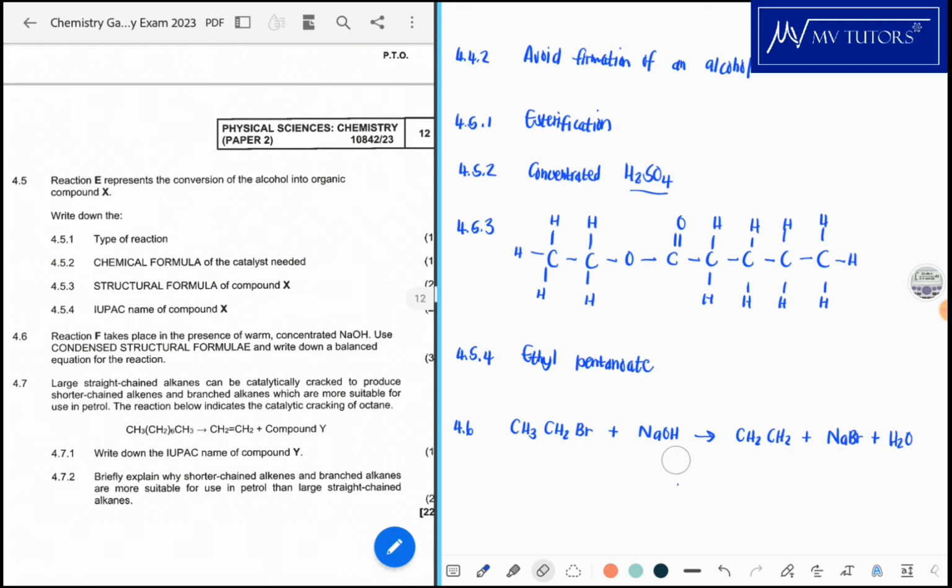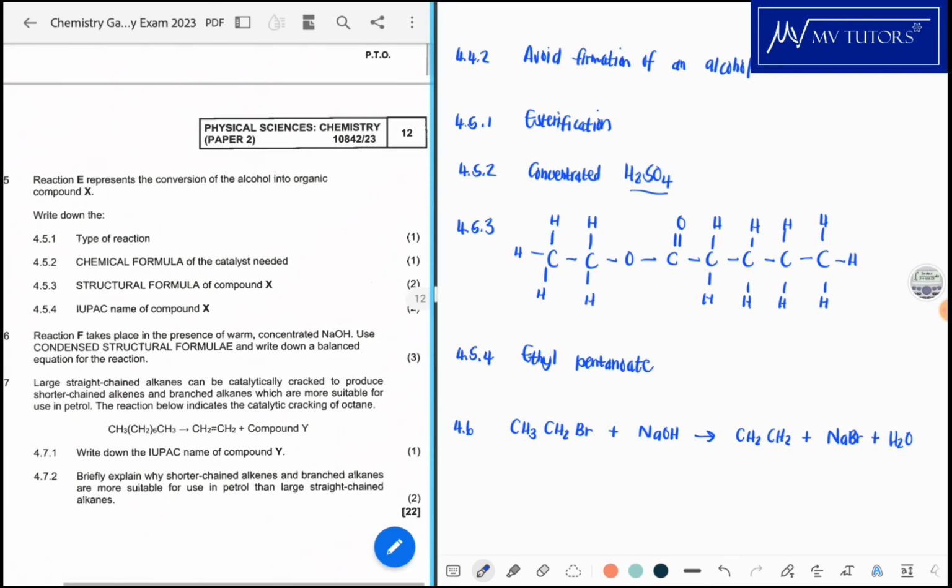Okay, so that would be our condensed structural formula, and this is for 3 marks. And is it balanced? Yes, it is, because I see 6 hydrogens, 1 bromine, 1 sodium, and 1 oxygen. So it is balanced.